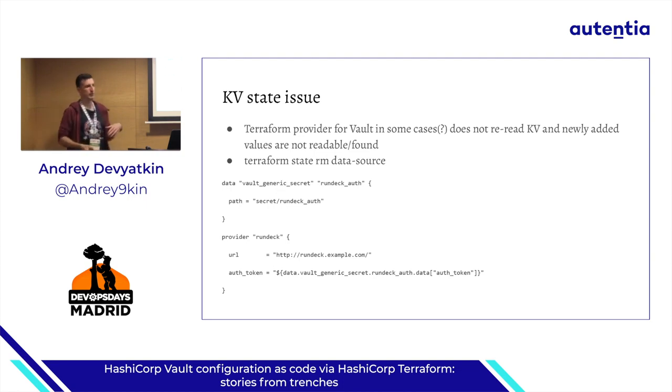What happens is Terraform reads the KV, saves it to state, but then it doesn't reread it afterwards. So if you did manual changes to the KV in the UI, you run Terraform again, trying to access the new key and value you placed there, and there is no value like that. It's puzzling when you bump into this the first time. I'm not sure where the problem is. I think it's how Terraform works. Maybe they will fix it.